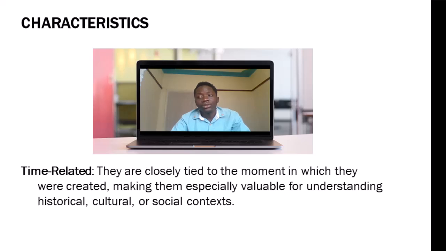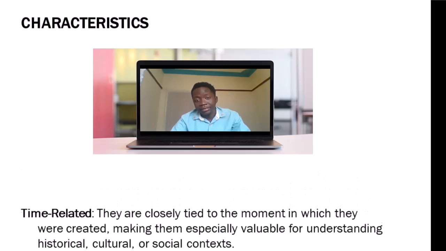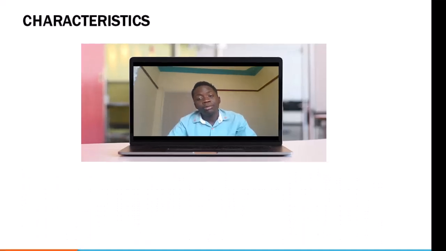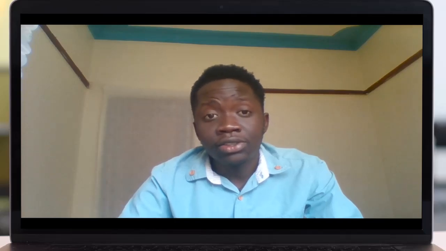What information do you get, and whose footprint is that? But as time goes on and other processes take place, the footprint begins to disappear. So when someone comes and says this, it means this thing occurred some years back. That's how it is time related. Those are briefly some of the characteristics of primary sources of information.